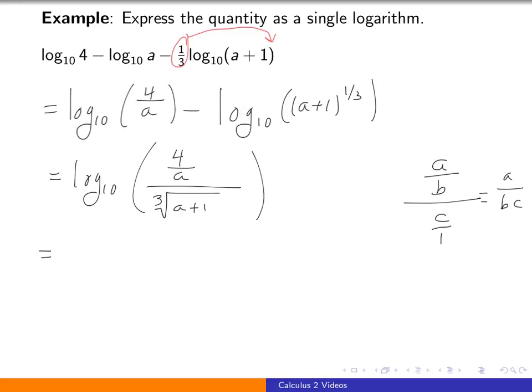How I choose to think about this is, instead of dividing by that 1 on the bottom, we can think of taking this fraction and dropping it down a level. So combine together those two denominators, a over bc. With that in mind, our simplification is log base 10 of 4 divided by, and I'll just drop that down a level, a times the cube root of a plus 1.